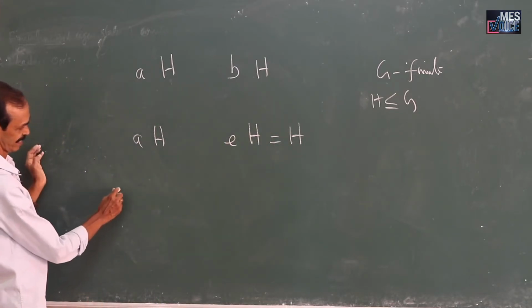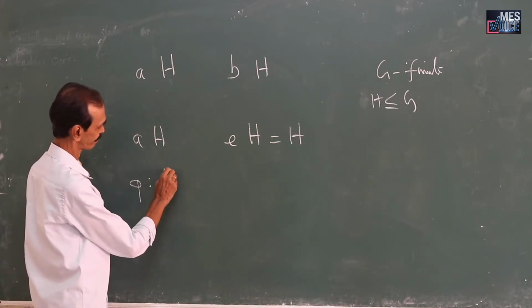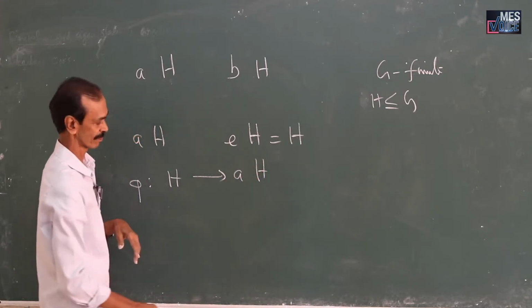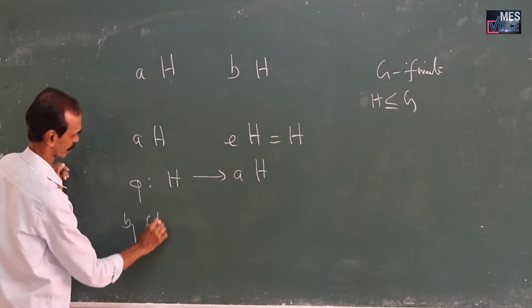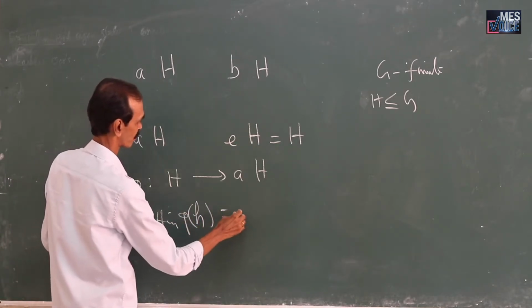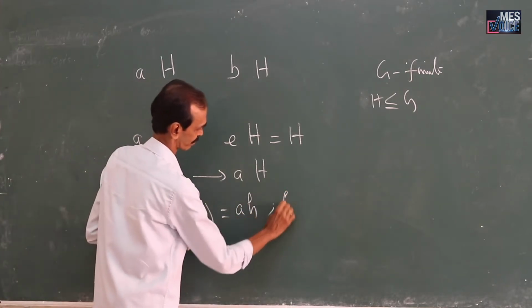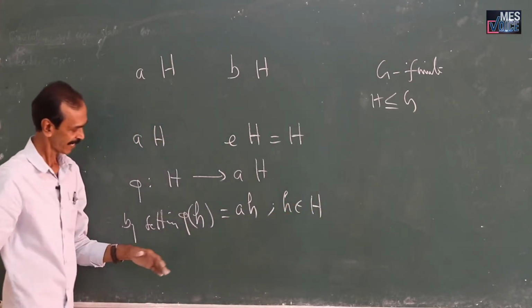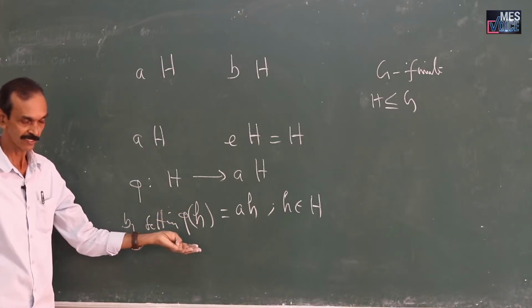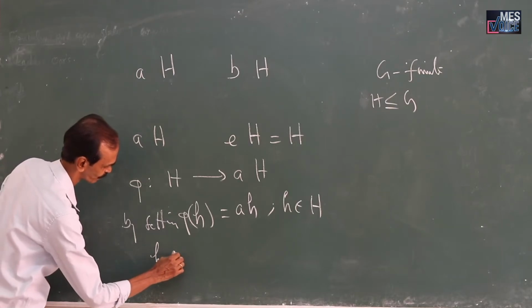For that, I define a function phi from H to AH by setting phi of h is equal to ah, where h belongs to H. I can easily recognize that this is a well defined rule, this is one to one and this is onto. See the proof. Take h1 and h2.